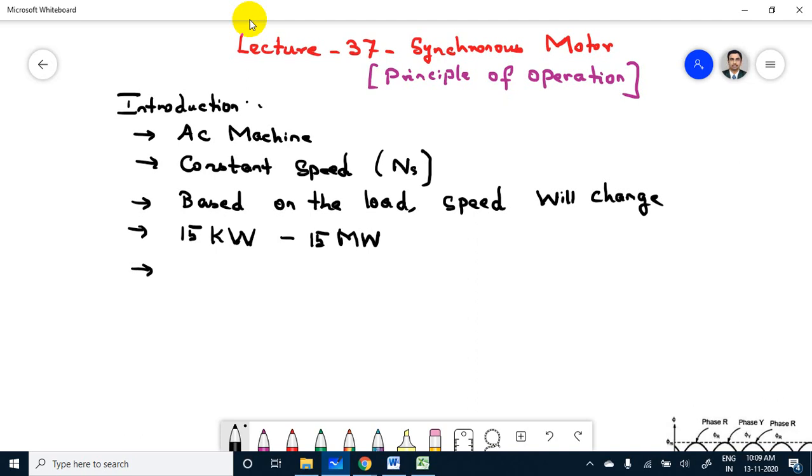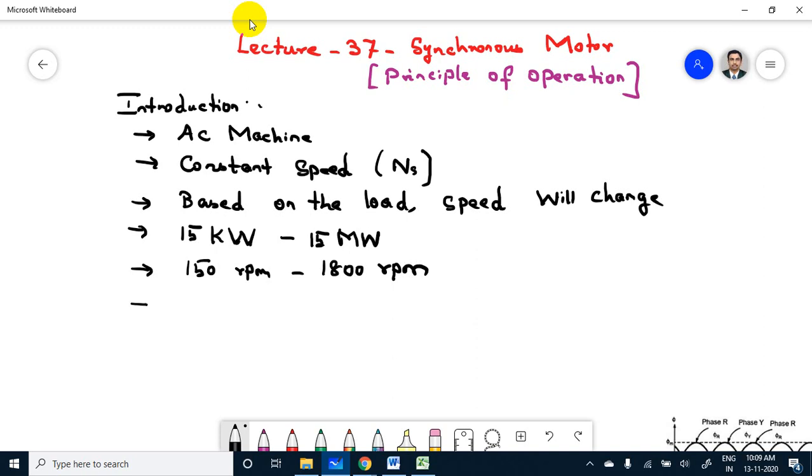Understand? So the speed available here, the minimum speed is 150 rpm to 1800 rpm. Okay, so based on the specification, there will be a variation in the speed.